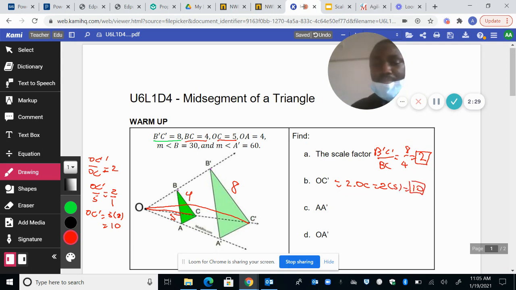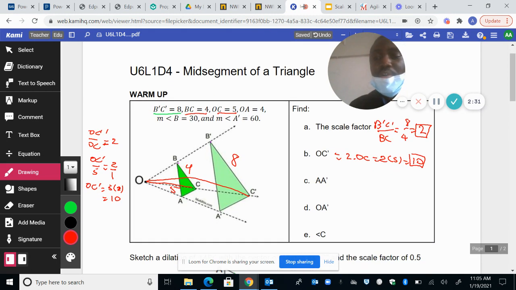Next, AA prime and OA prime. OA is 4, and OA prime is what we don't know. But from the center of dilation to a point on the image over the corresponding point on the pre-image is the scale factor.